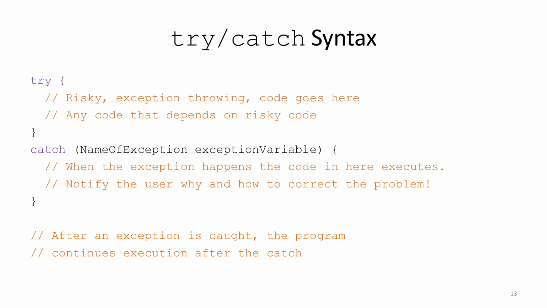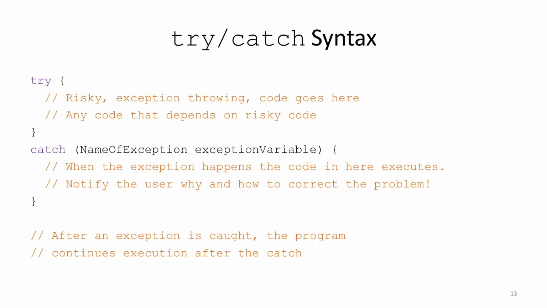After the try block, you have a catch block. The catch block is what you want to do when the exception happens, and you need to know the name of the exception and you need to declare a variable. When your program successfully catches an exception, if there is any code after the catch block, the program will continue execution. But if there's no code after the catch, then your program may just end on its own.